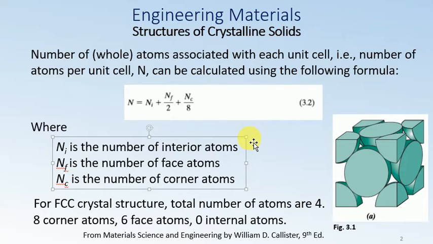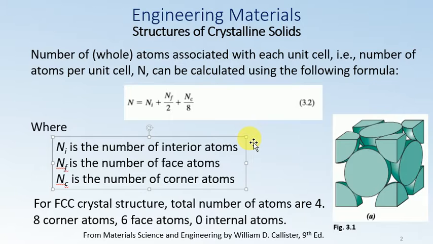Ni is the number of interior atoms, Nf is the number of face atoms, and Nc is the number of corner atoms. For FCC crystal structure, the total number of atoms is 4. Do you agree with me that for FCC crystal structure, the total number of atoms is 4?